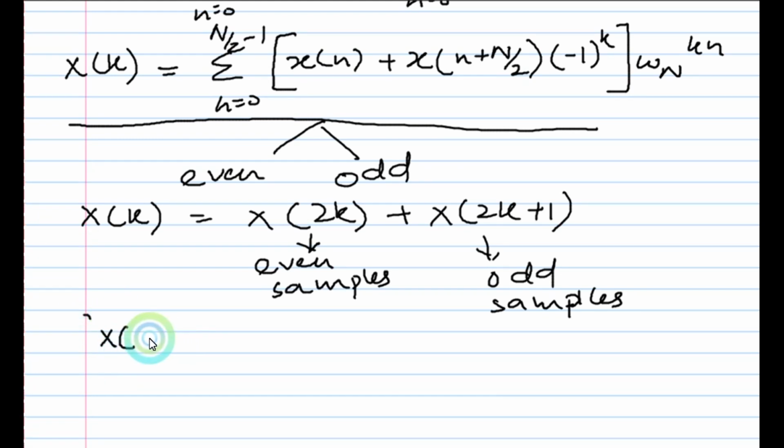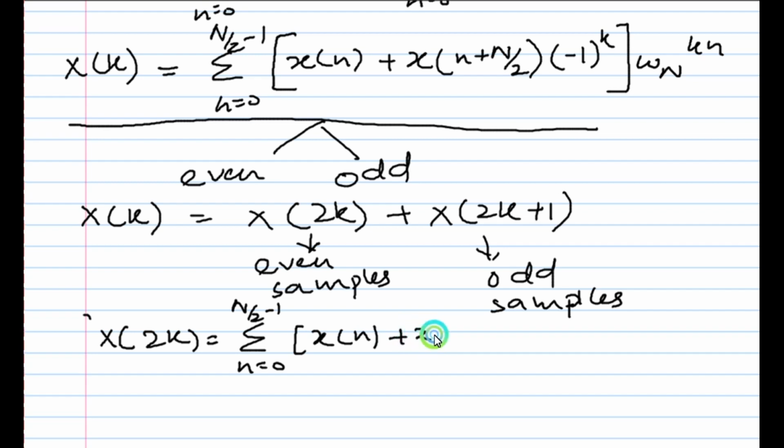X of 2k will be equivalent to summation n running from 0 to N by 2 minus 1, of open brackets x of n plus x of n plus N by 2, times minus 1 raised to 2k, brackets close, W_N raised to 2kn.